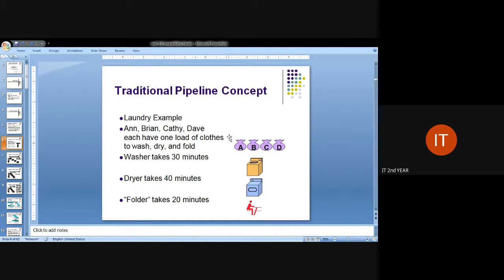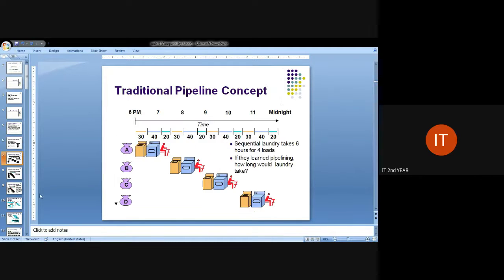Because when we move in a linear, serial fashion, there is a possibility of consuming more time. We can discuss this with an example.